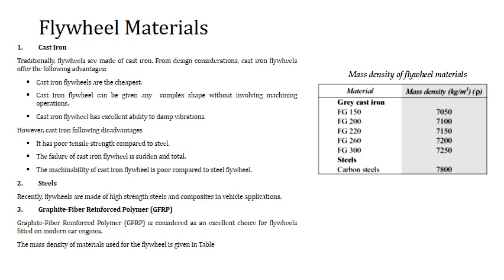The table is going to show the density of material for various types of cast irons and steels. Now we can see the various grades of grey cast iron and their densities, and carbon steel has a density of 7800 kg per meter cube, whereas grey cast iron has a lower density.